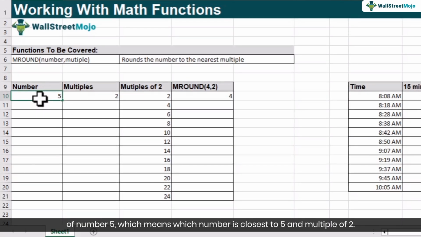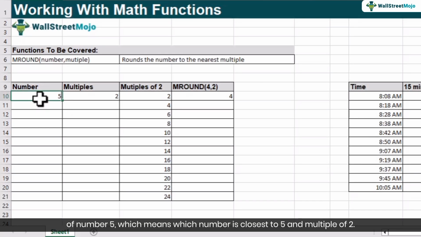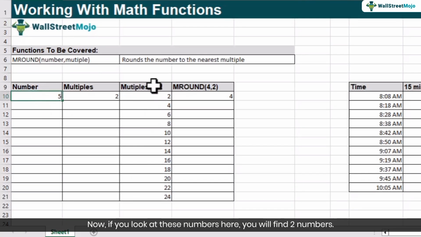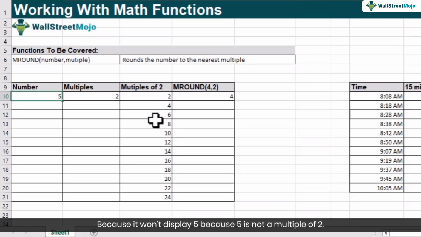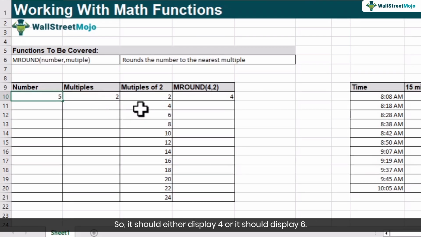Which means, which number is closest to 5 and a multiple of 2? If you look at these numbers, you will find two numbers, 4 and 6, which are closest to 5, and they are equidistant. Right? 4, 5, 6. So which one will it display? It won't display 5, because 5 is not a multiple of 2. So it should display either 4 or 6.